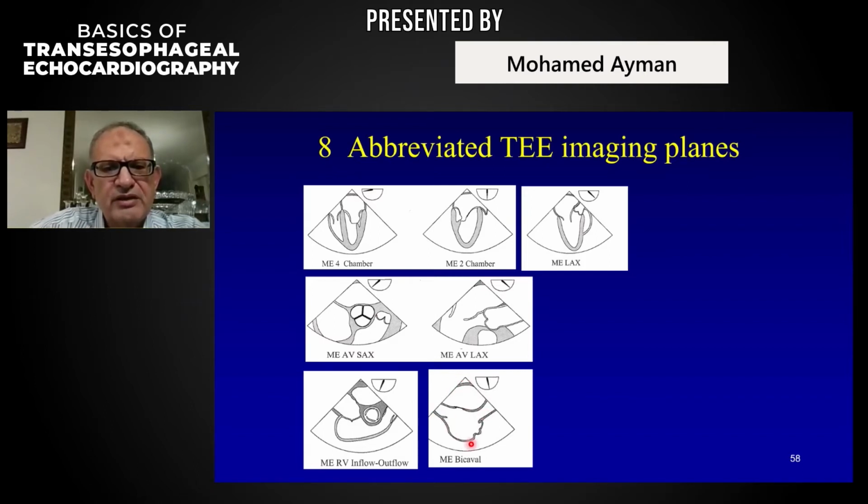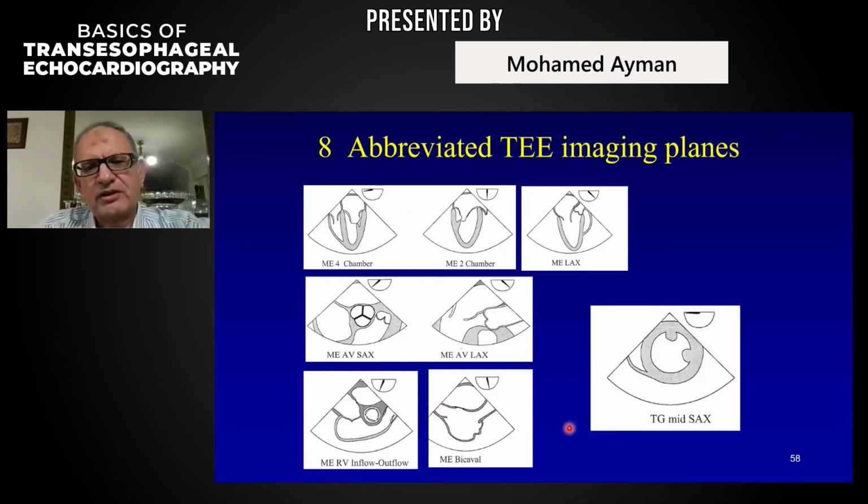In the far field, we have here the right atrium. So as you can see here, there are 7 very easy mid-esophageal views looking at the ventricular wall motions, the mitral valve, the appendage, aortic valve, tricuspid valve, bicaval, and the septum here.